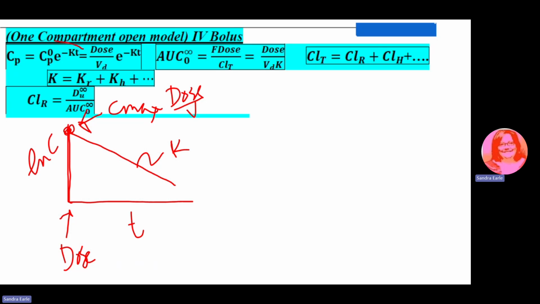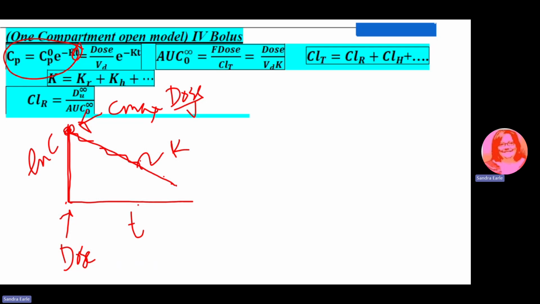So this equation here depicts that after concentration 0, we can determine our concentration anywhere along this line as long as we know how much time has elapsed. So what's the difference in time between our Cmax and any time along that decay curve?